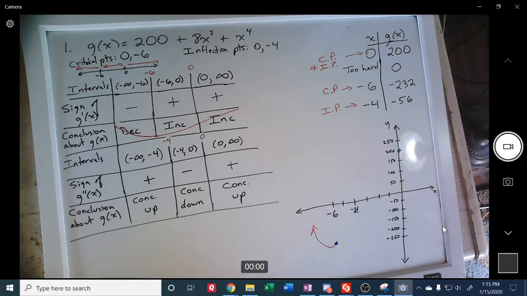I'm saying no because on the interval from negative infinity to negative 6, the sign of g prime of x is decreasing. Now, I kind of have it decreasing most of the way, but look at that last little portion. It's increasing. That's right. This little tiny bit from here to here is going uphill, so that violates this right here.